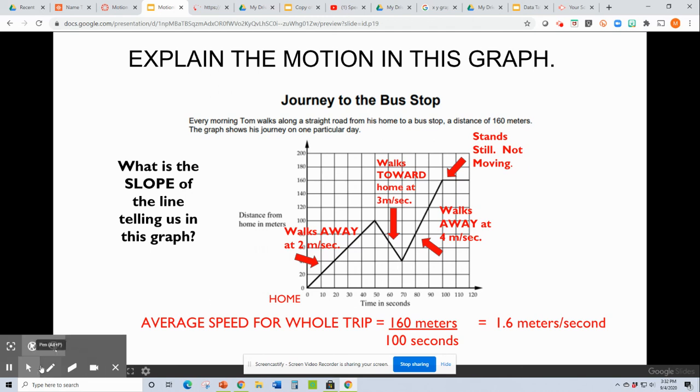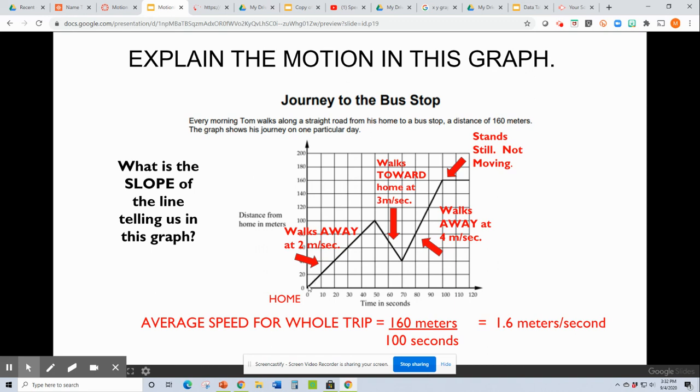From this point to this point, he again is walking at a constant speed, and he is walking away from his house. And now right here, he's not moving. The line is horizontal, so he's not moving.